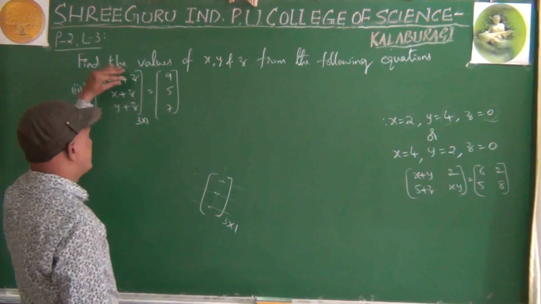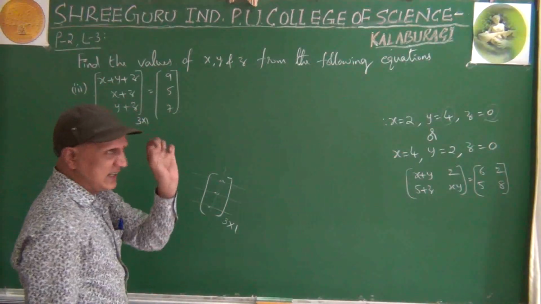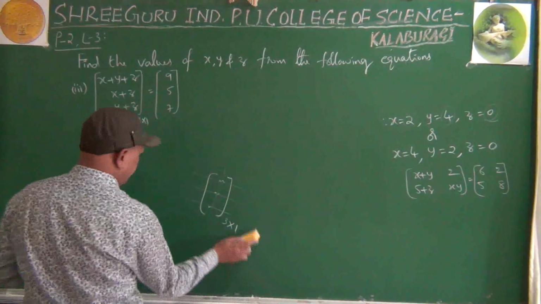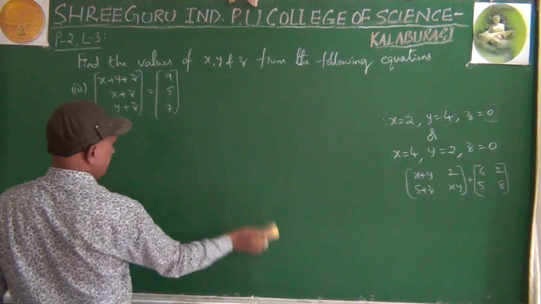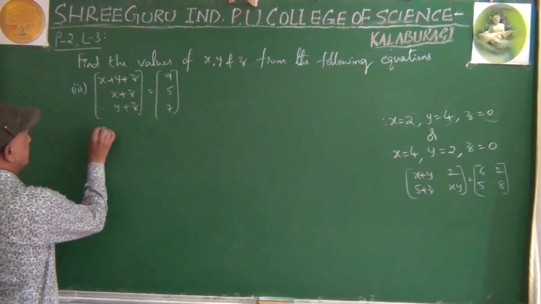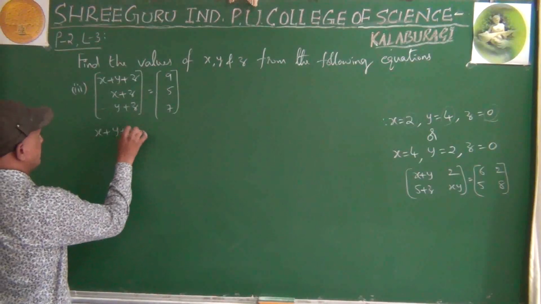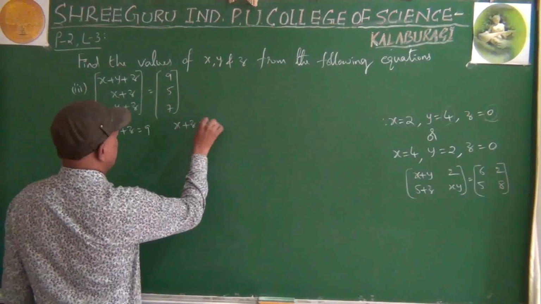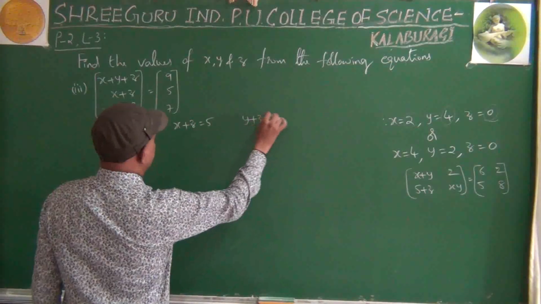Only 1 column. Why? Because x plus y plus z is a single element. So equate x plus y plus z equals 9, x plus z equals 5, y plus z equals 7.